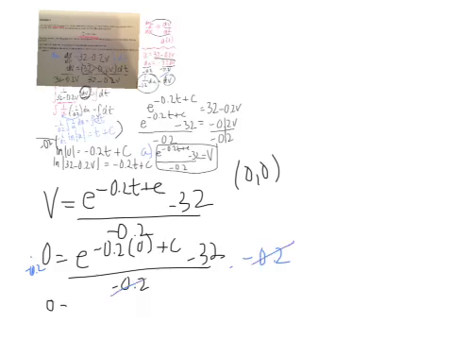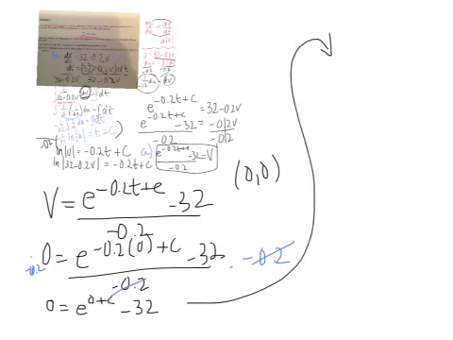And so this will be e to the 0 plus c minus 32 left on this side. And so that's going to be 32, if I add 32 to both sides, equals e to the c.